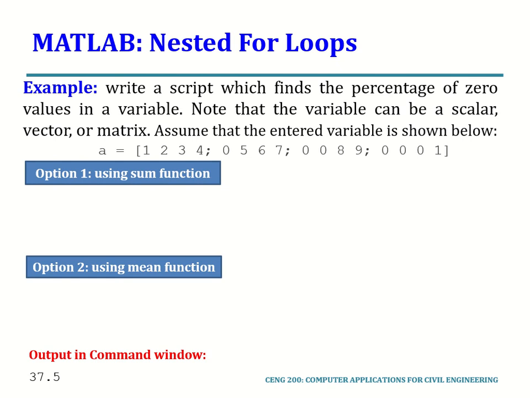Okay, so you want to write a script which finds the percentage of 0 values in the variable A. Out of all the elements, how many are zeros? 6 out of 16.